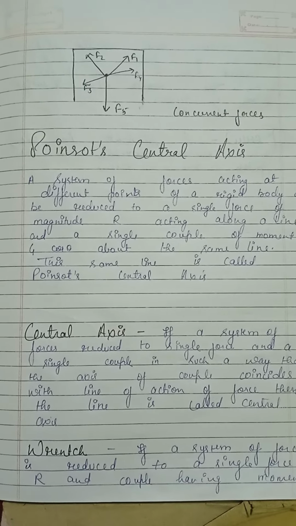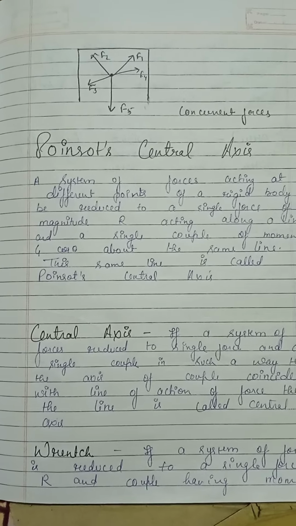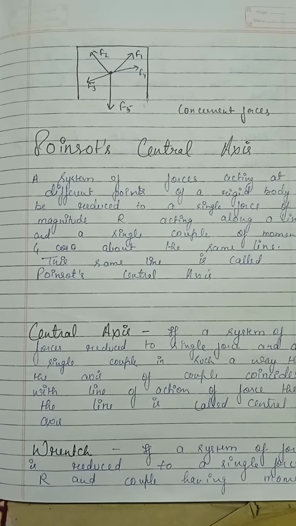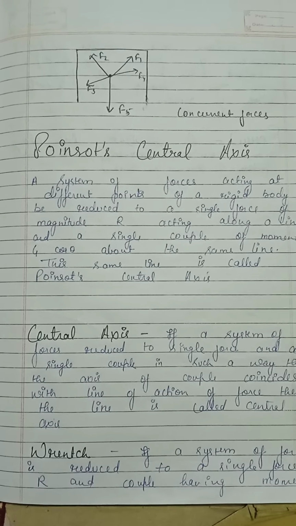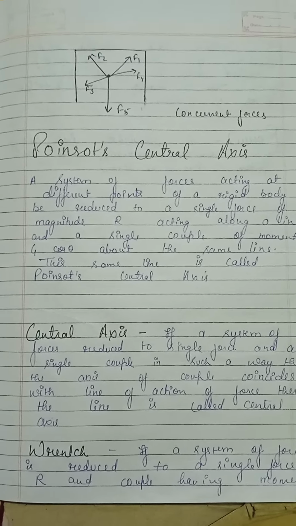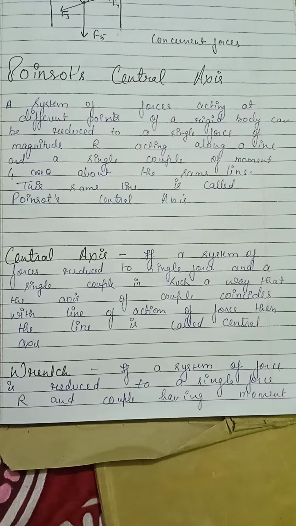A system of forces acting at different points of a rigid body is reduced to a single force of magnitude R acting along a line and a single couple of moment G cos theta about the same line. This same line is called Poinsot's central line.